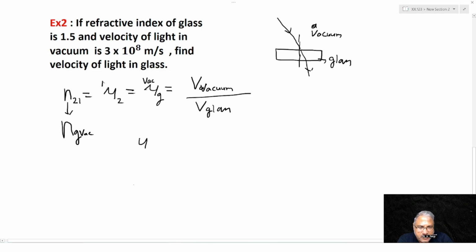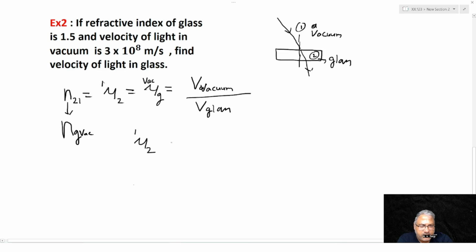Otherwise you can write 2 to 1, because the first is the first medium and the second is the second medium. Whichever suits you, either write vacuum or glass. I wantedly wrote it so that you come to know the distinction. You can also write the refractive index as mu 2 to 1.